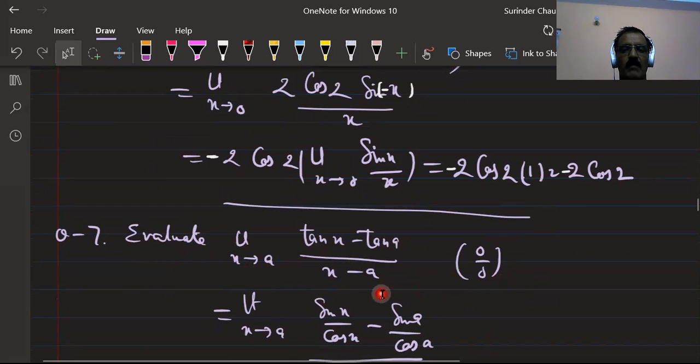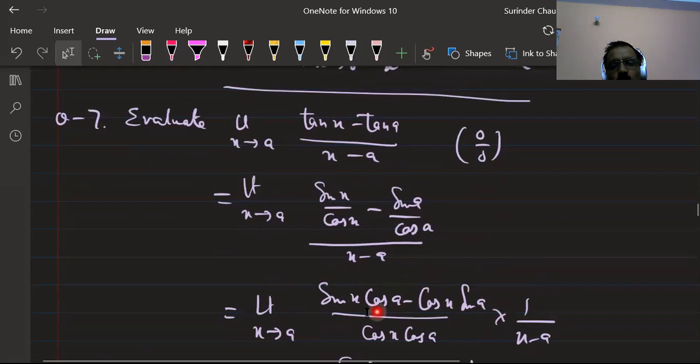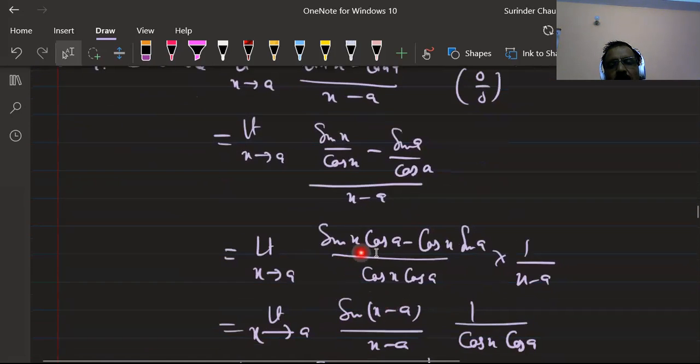If we place x as a, this is a 0 by 0 form. Now we want to convert it into sine and cos forms. Convert it into sine and cos, take the LCM, and simplify: we get sine of (x minus a) upon cos x cos a, times 1 upon (x minus a).